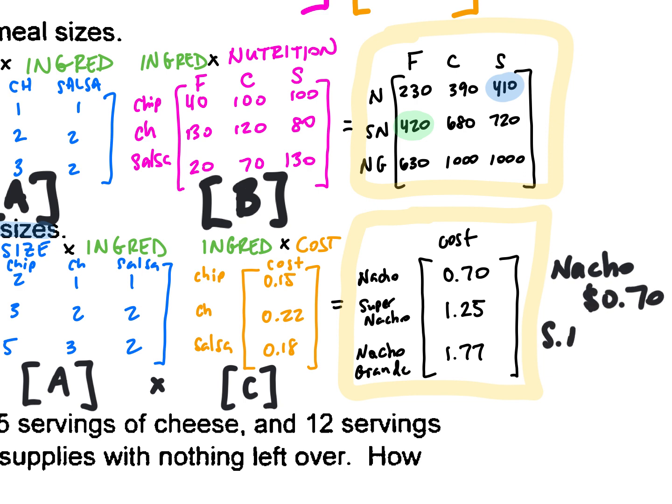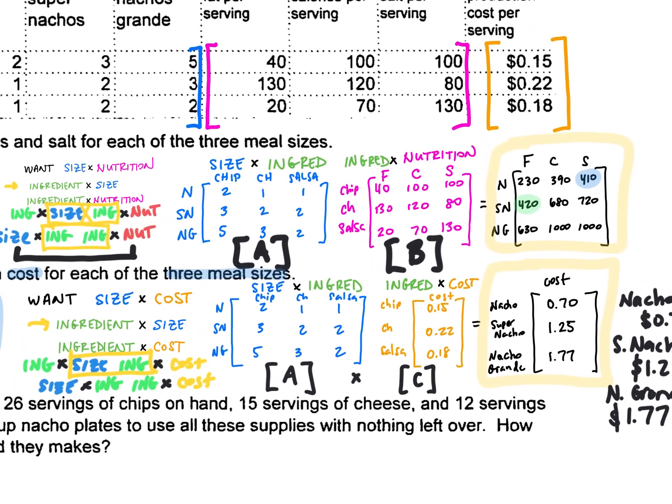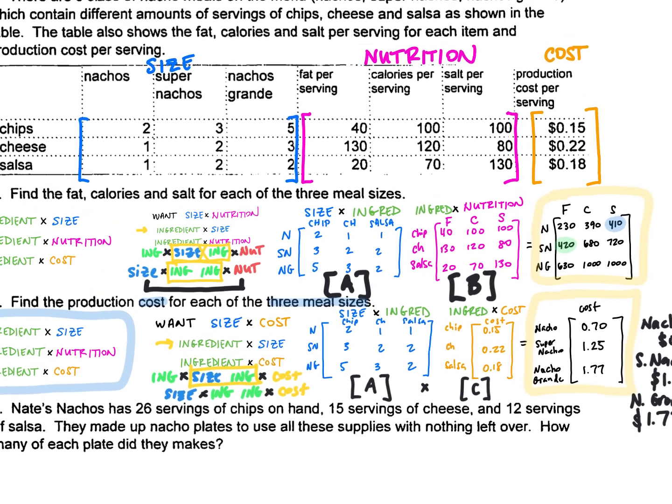For super nachos, the production cost is going to be $1.25. And for the nacho grande, we can go ahead and say the production cost is $1.77.